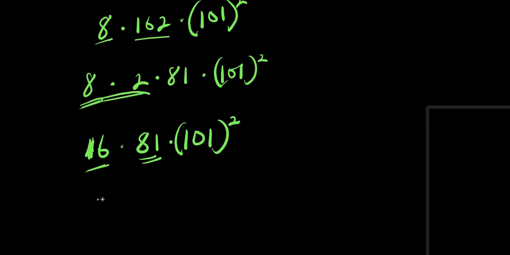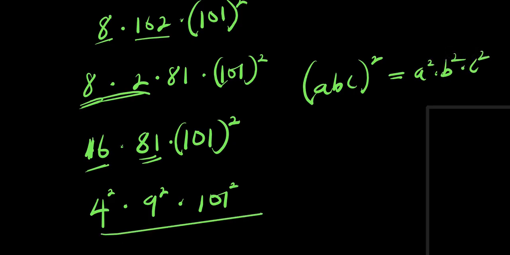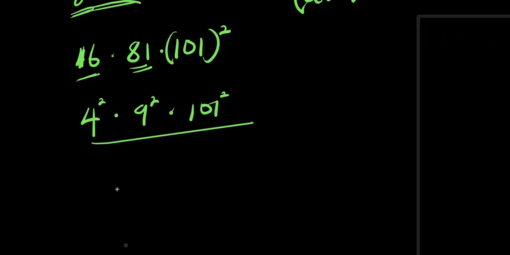So 16 is 4 power 2, times 81 is 9 power 2, times this is 101 power 2. Now if you have A times B times C raised to the power of 2, this simply means A power 2 times B power 2 times C power 2. So we apply that here. That means we are simply going to have 4 times 9 times 101 raised to the power of 2.